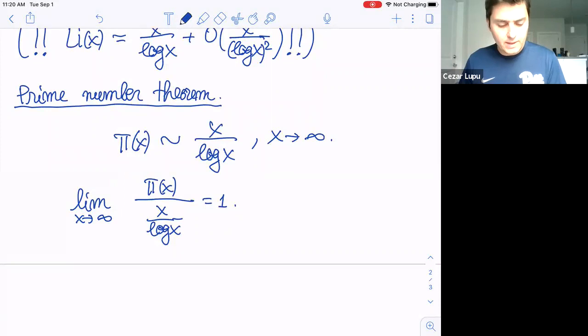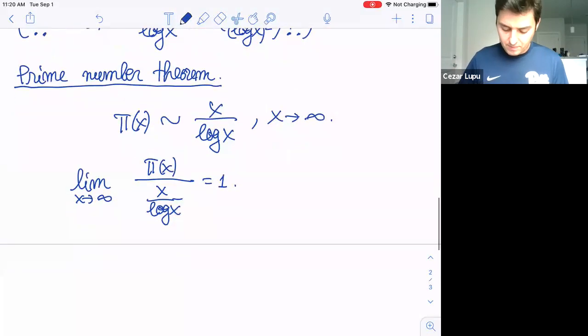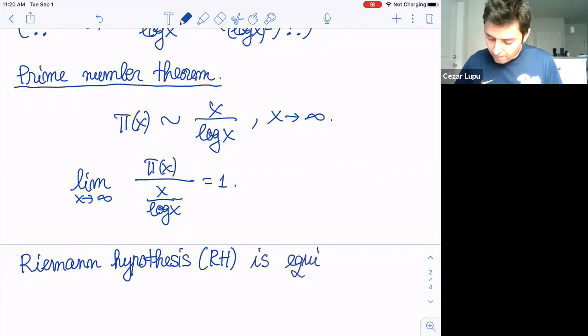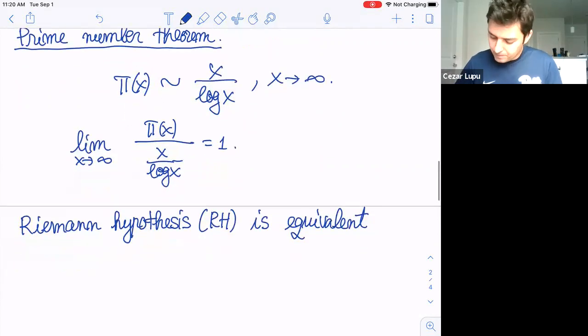Like I said, this is the prime number theorem, but the Riemann hypothesis, and from now on I will abbreviate Riemann hypothesis with RH, is equivalent with the following, how should I call it, qualitative estimate of the prime counting function.